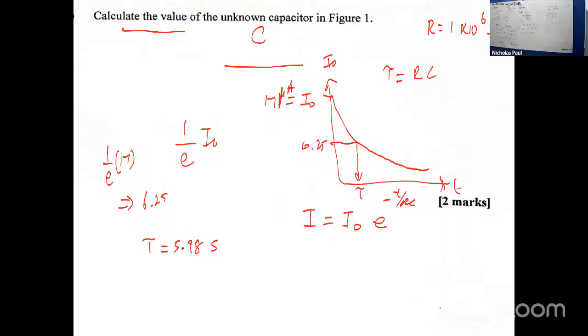We know tau is 5.98 and we know that R is 1 times 10 to the 6. So C is what? You can do it in your head. C is 5.98 microfarads.